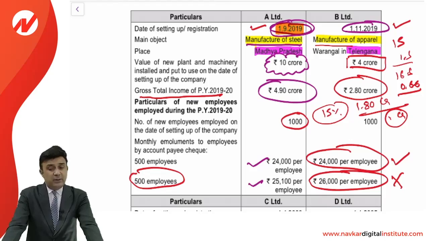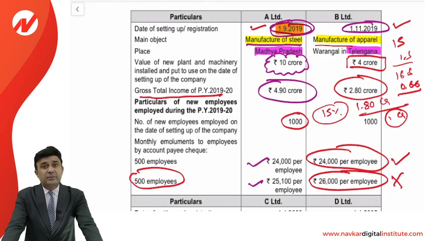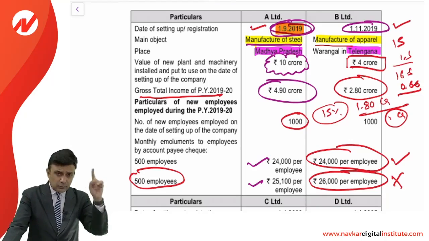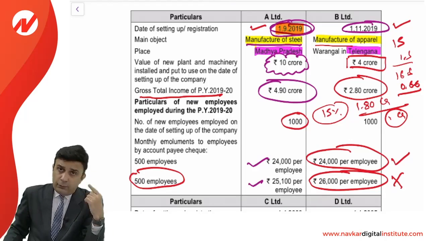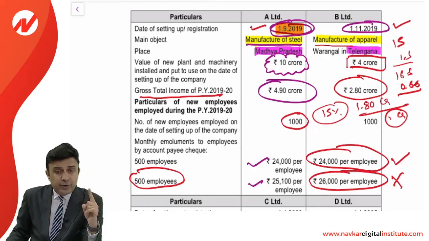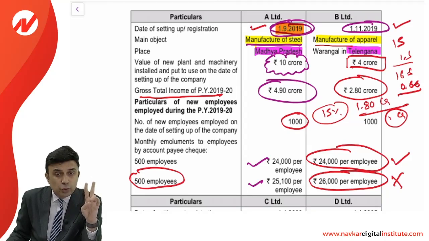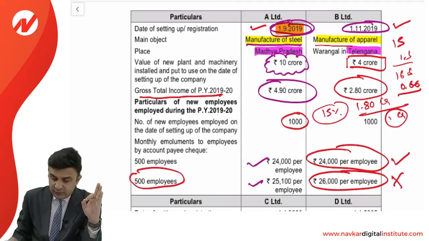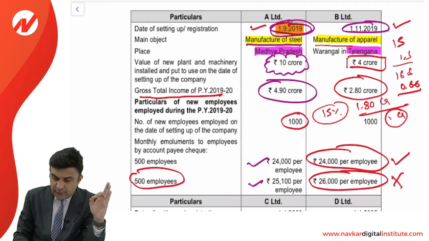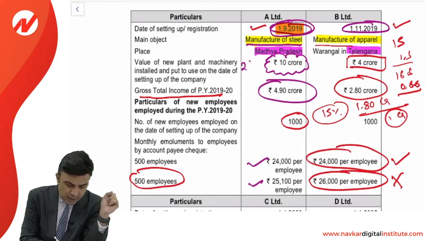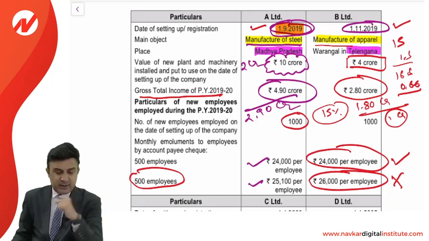Can I say on 10 crore you are eligible for additional depreciation at the rate of, friends, full rate? And if it is full rate, can I say your additional depreciation will be 20%, 2 crore? If your additional depreciation is 2 crore, if I deduct 2 crore, my net income will be 2.9 crore.